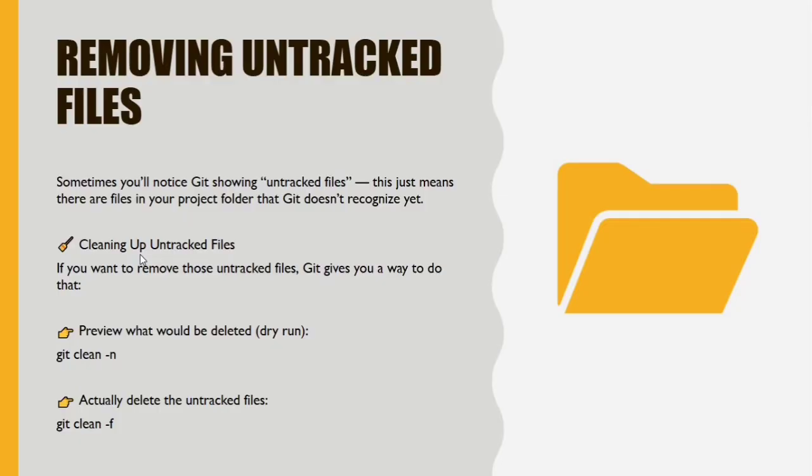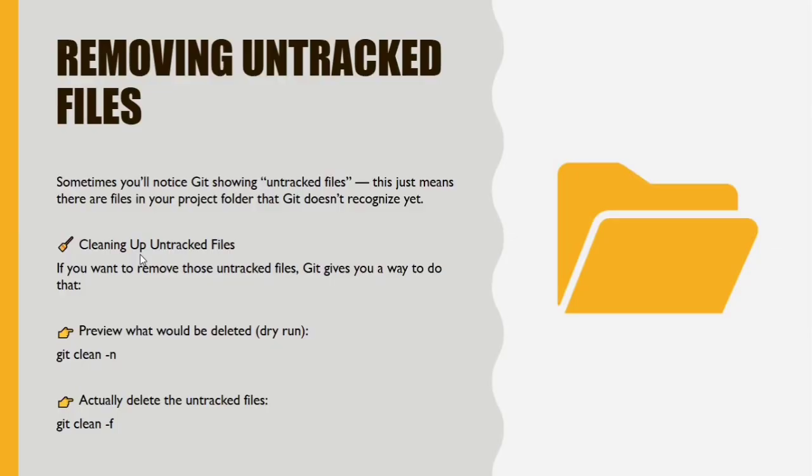So let's say you create a new file, but you haven't run git add on it to move it into the staging area or local repository by committing it. In that case, Git is not keeping an eye on it. It's just sitting there in your working directory. In this situation, Git is just like, hey, I don't know what this file is all about.